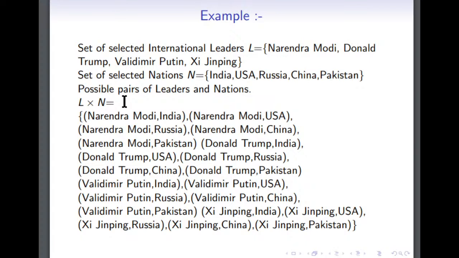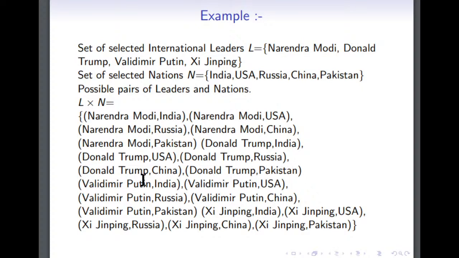Very good. Now I pair Narendra Modi with India, the first leader with the first nation, then Narendra Modi with USA, second. I will pair Narendra Modi with all nations: Narendra Modi Russia, Narendra Modi China, Narendra Modi Pakistan. Now it comes to the second leader, Donald Trump. Donald Trump with India, Donald Trump comma USA, Donald Trump comma Russia, Donald Trump comma China, and so on with Pakistan.